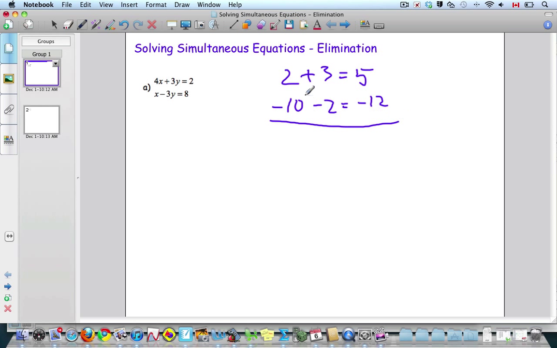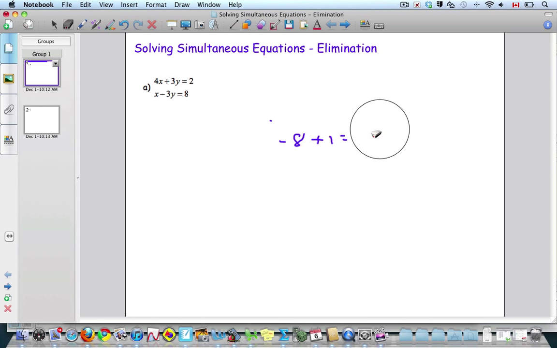If I add these equations together, 2 minus 10 gives negative 8, 3 minus 2 is plus 1, and 5 minus 12 is negative 7. And so I get another equation that's true. So this idea that if we add things that are true on the equal sign, we get a true equation.